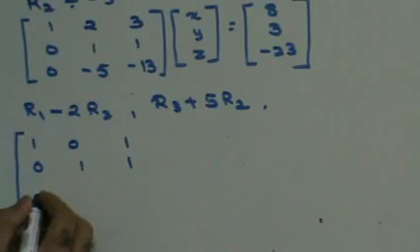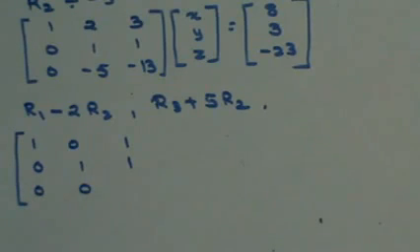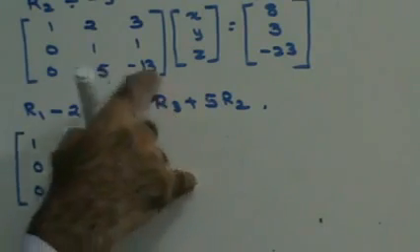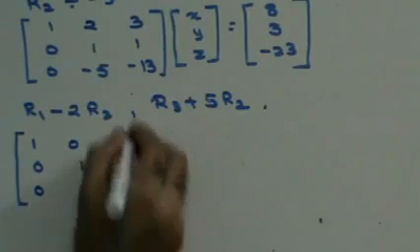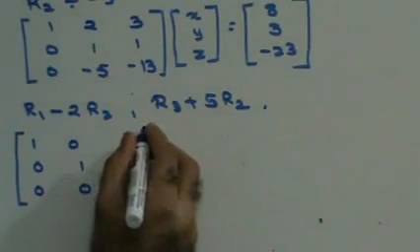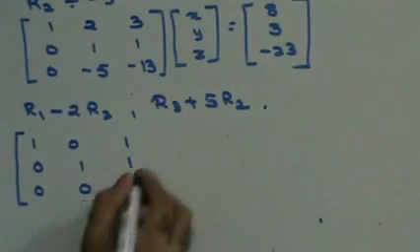Now R3 plus 5R2: 0 plus 0, minus 5 plus 5, 0, minus 13 plus 5 is going to be minus 8.